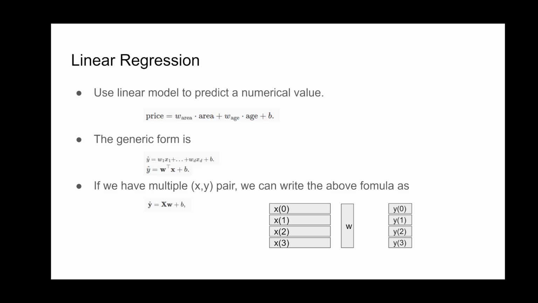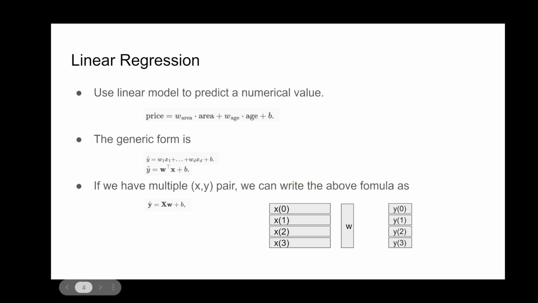For this formula, the generic form is like this. We have a lot of input data, x1 to xd, and for each of the input parameters we have a weight, w1 to wd. Then we can write this formula in matrix form as W transpose dot X plus B, and this becomes y.